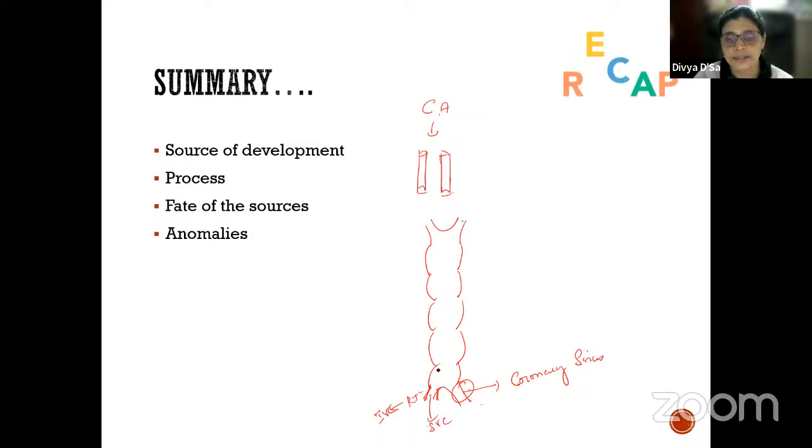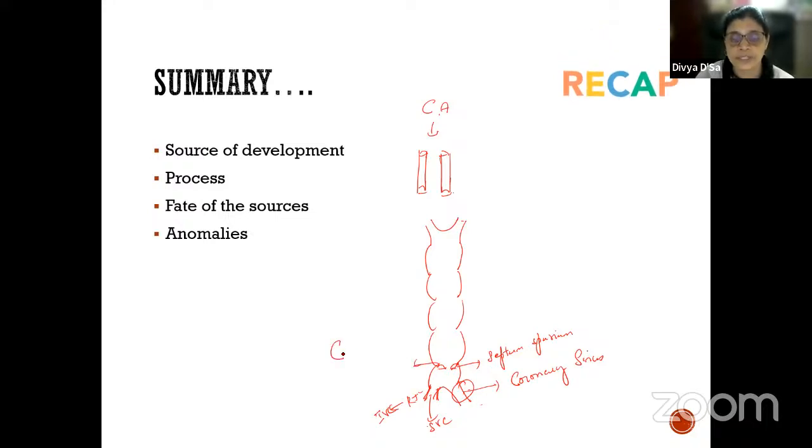Okay, and here we have the valves. So right and left venous valve. The left venous valve forms septum spurium. Basically, right and left will both fuse. They form septum spurium, and they fuse with the septum secundum. Whereas the right venous valve will form what structures?